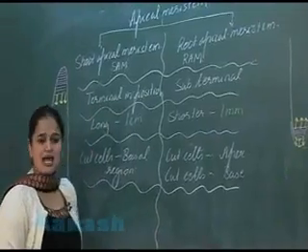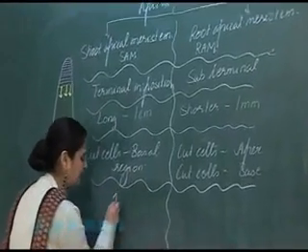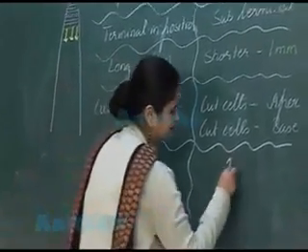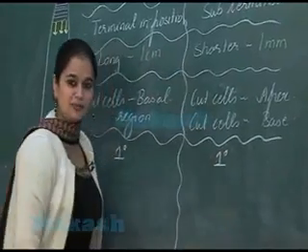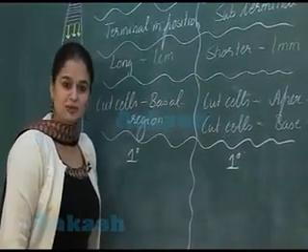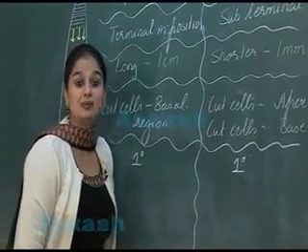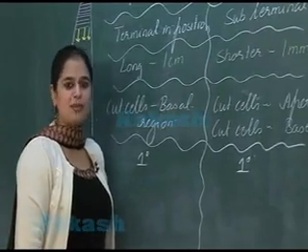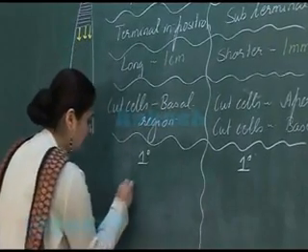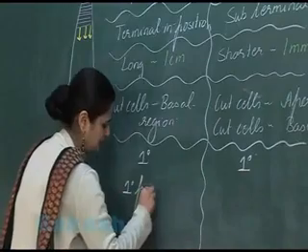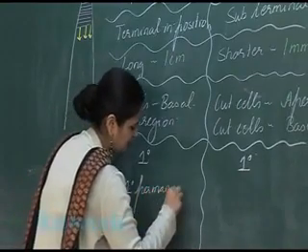Now both of these apical meristem, they are primary in origin. Both of them, they are primary. They are primary in origin. It means the type of tissue which they will form after the differentiation, that is primary permanent tissue.